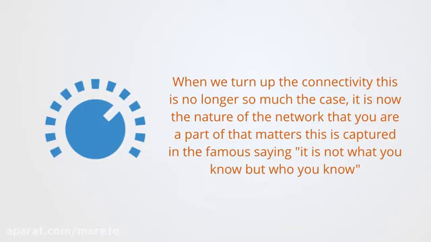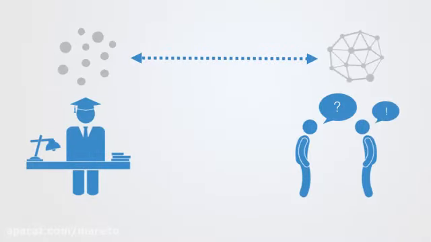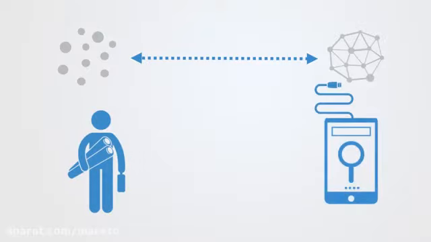If we're dealing with a social system with a low level of connectivity, then it does matter what you as an individual know. But at a higher density of connections, it is more what your network knows that comes to matter. And we see this with the internet. We ourselves used to have most of the information and knowledge that we would use on a daily basis.